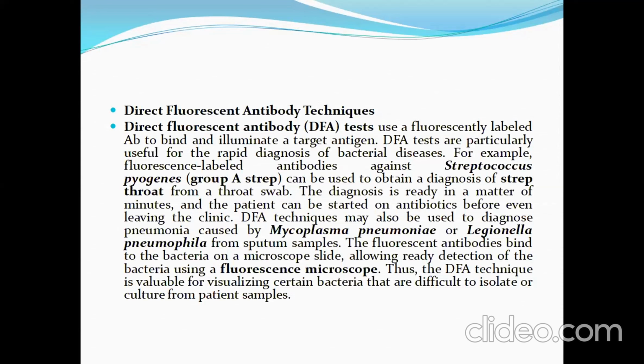So when we use this technique as a detection tool, we can immediately identify whether that type of antigen is present or not, and we can advise the patient for immediate administration of the drug. So it is very effective in diagnosis of certain diseases.